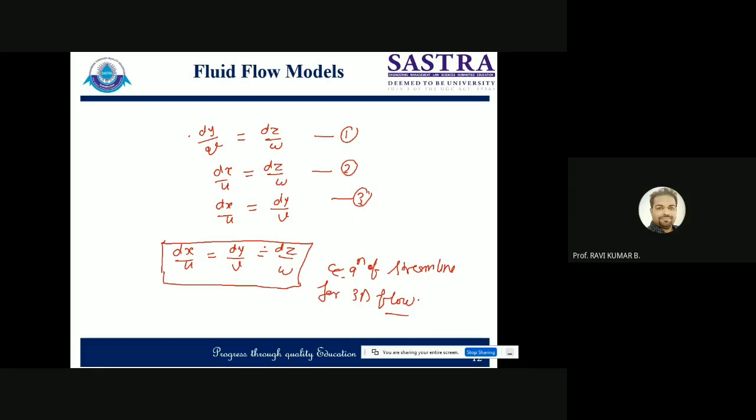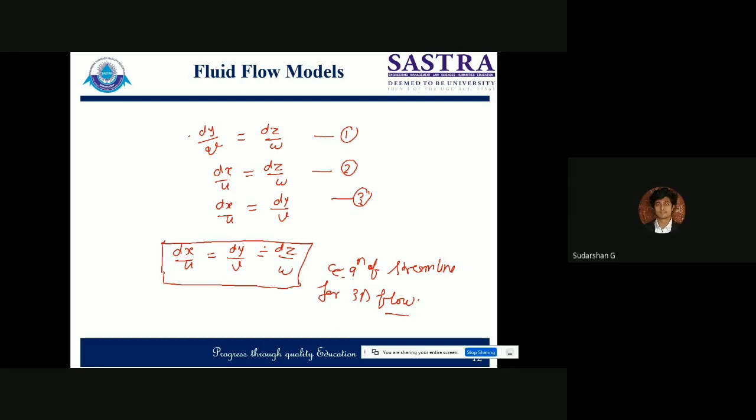So at any location, you can take the slope. At any location, if you are putting the tangent, that will be called the resultant velocity. Or in another way, you can define streamline as a locus of all the points at which the tangent to it is the resultant velocity. So you can say the streamline can be drawn tangent to the resultant velocity along the flow field.